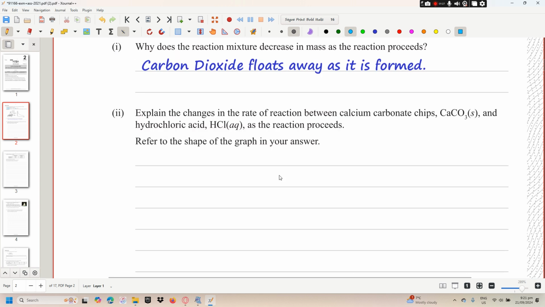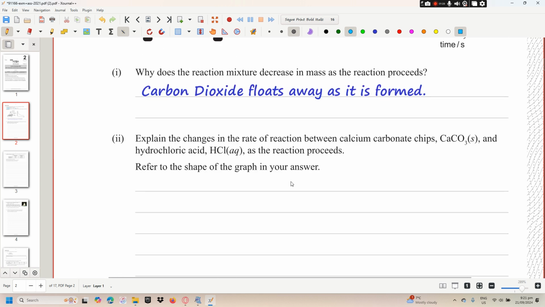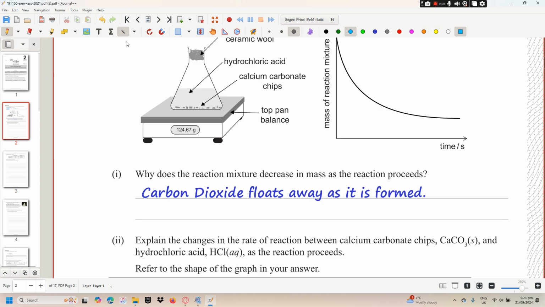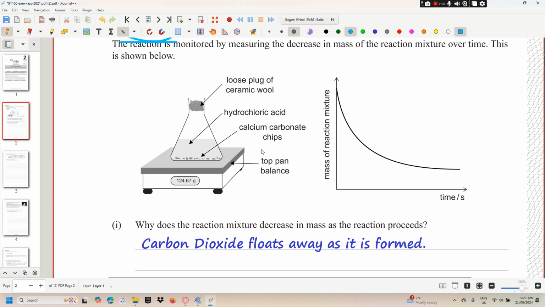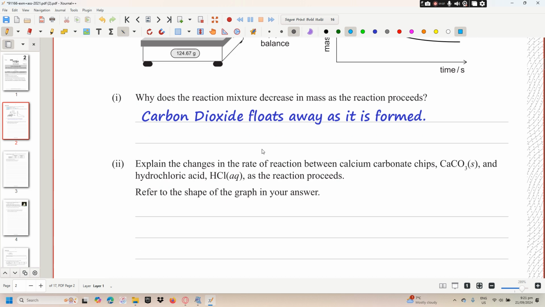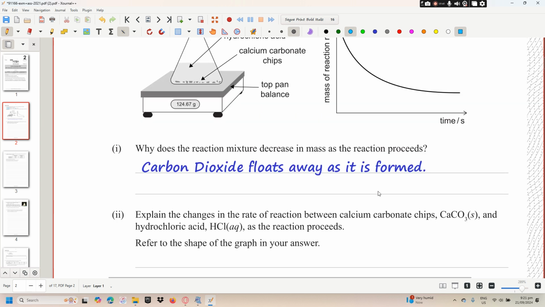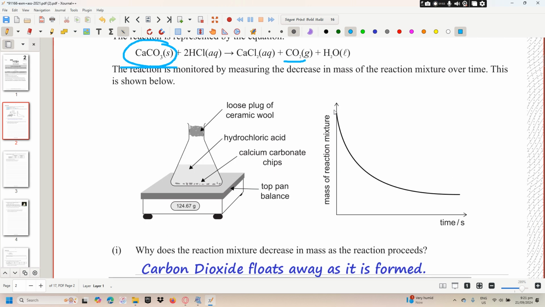So this is where you have to talk about collision theory. Essentially, it's this exponential decay sort of curve, and the key way of saying that is at the start of the reaction there is the highest concentration of HCl and calcium carbonate, and therefore there is a much greater chance of successful collisions between reactants, and therefore the rate of reaction is at its fastest.